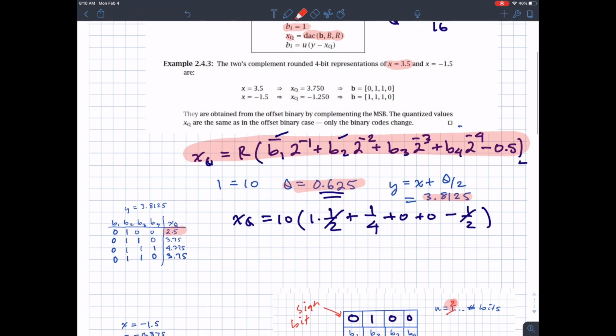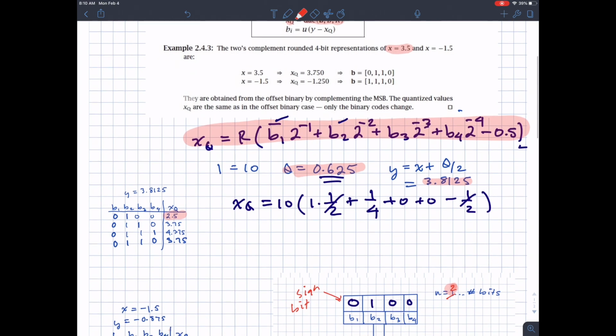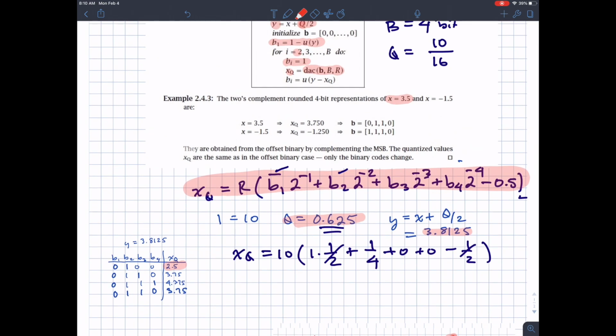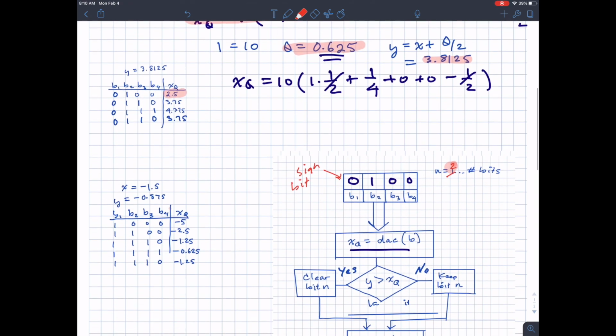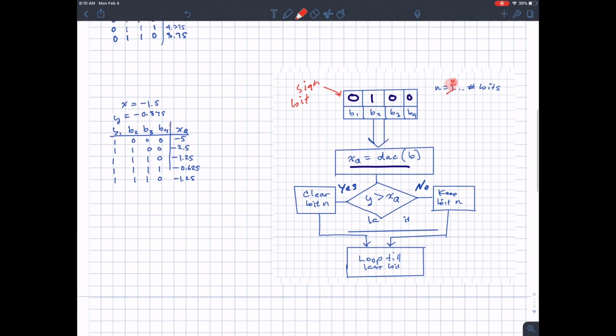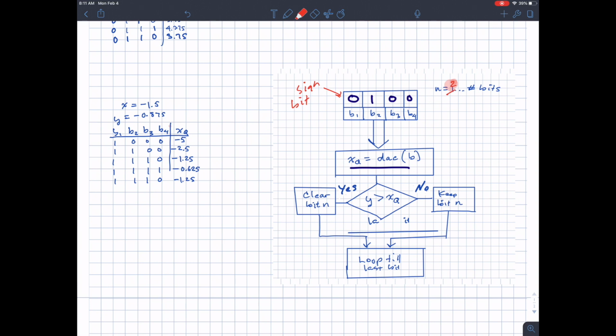From there we look at xq and we determine should we leave that bit on or not. I have a little flow chart for you. xq is 2.5. Is y greater than 2.5? If it's yes, in this case it is.